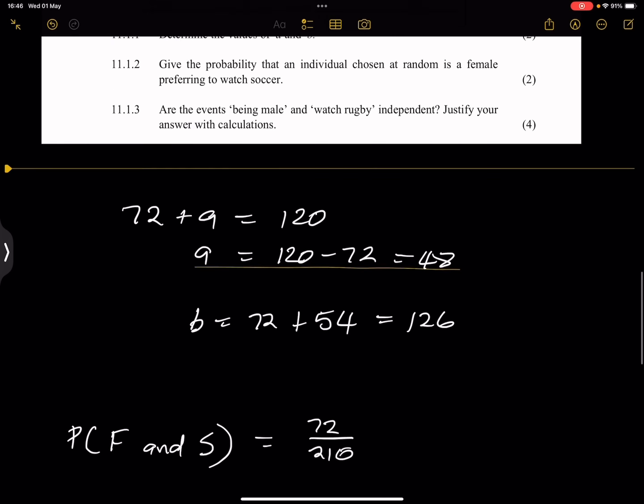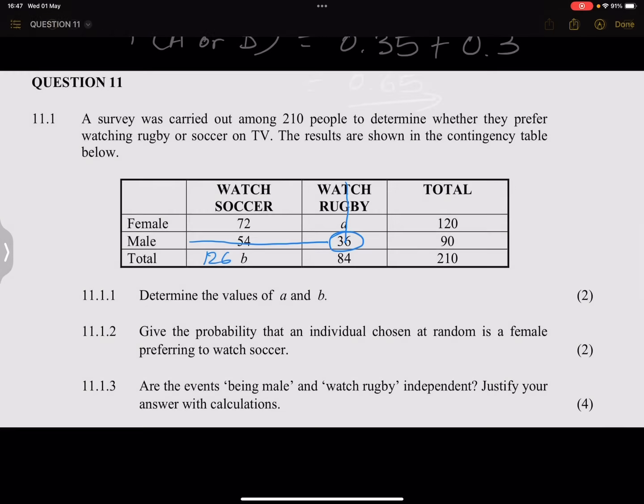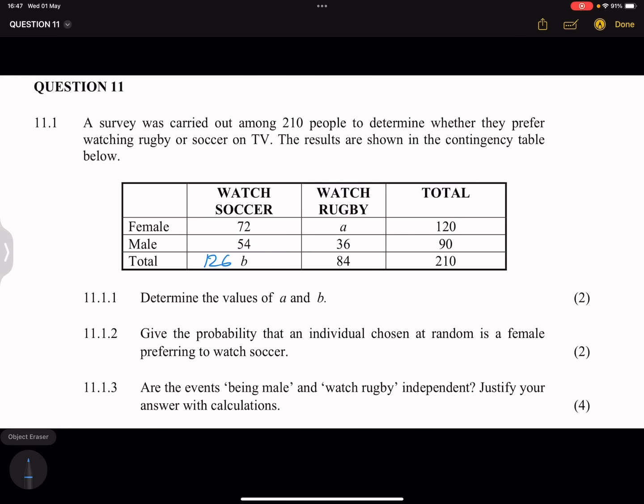Probability of being male, how many males do we have in the entire sample space, right? We are just looking at the males in total, so that's 90 over 210, and those that watch rugby in total, right, would be 84 over 210.